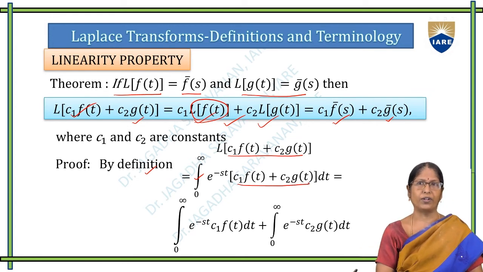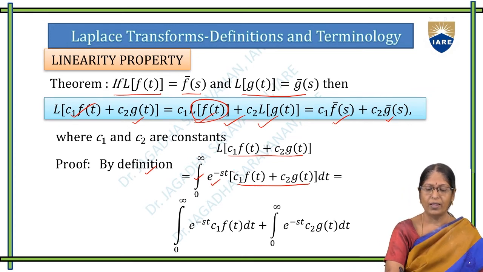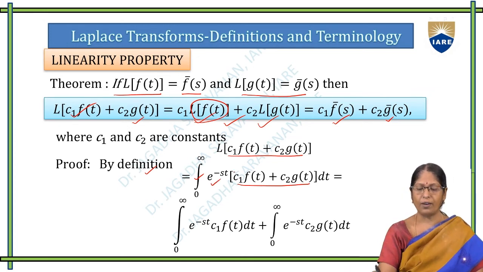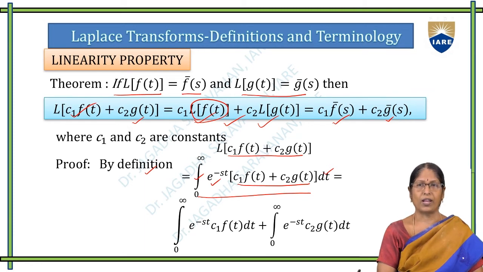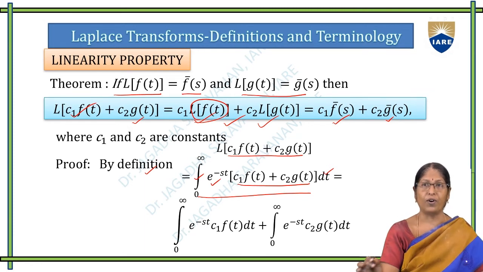Yes, we have written it. That should be multiplied by e power minus st, and we do the integration with respect to t. Completely, we applied our Laplace transform formula to our function.